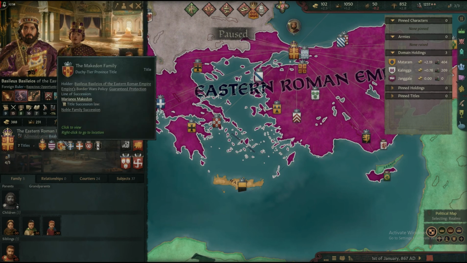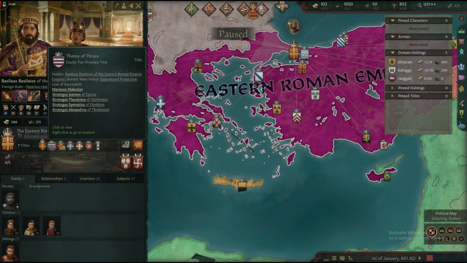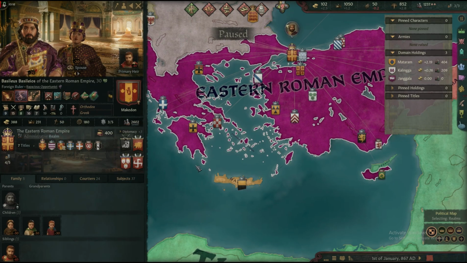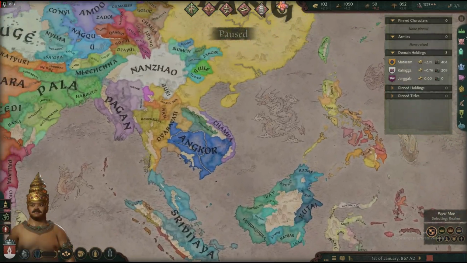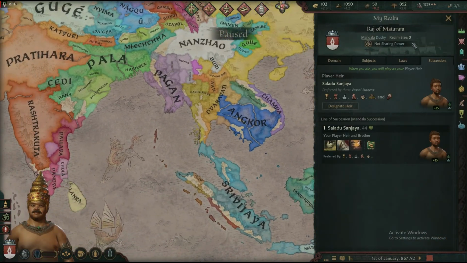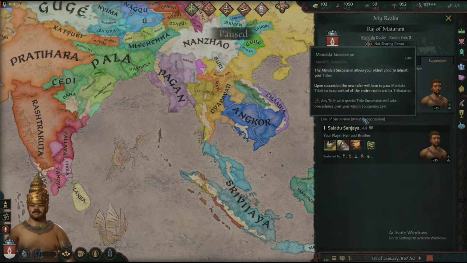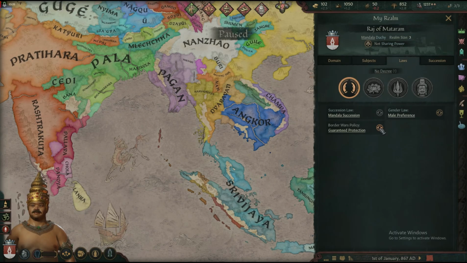And all the next guy gets is Thrace, the Duchy of Thrace. That's what realm shattering means. It's awful. Don't let that happen. Pass your tests. But you can also see the Mandala Succession is oldest title inherits all your titles, which is nice. But you have to pass tests to keep it. So, yeah, don't screw up your tests.